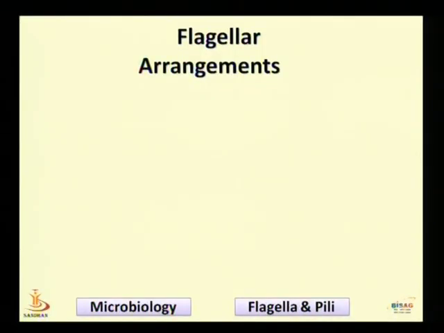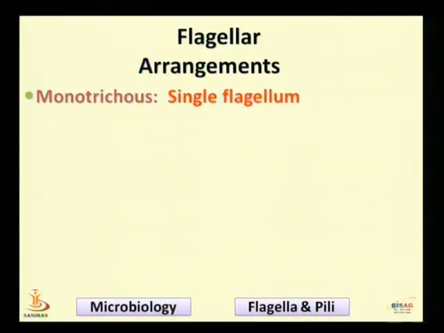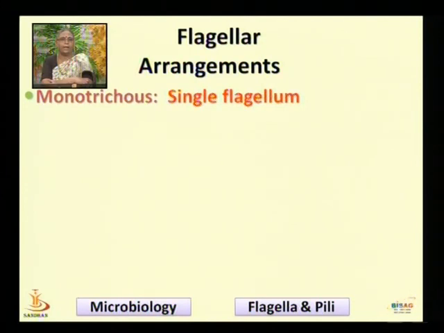And the development and distribution of flagella on the bacterial cell surface has been considered as one of the important criteria for the classification of the organisms. Now, let us see how the arrangement of the flagella is there on the bacterial cell.